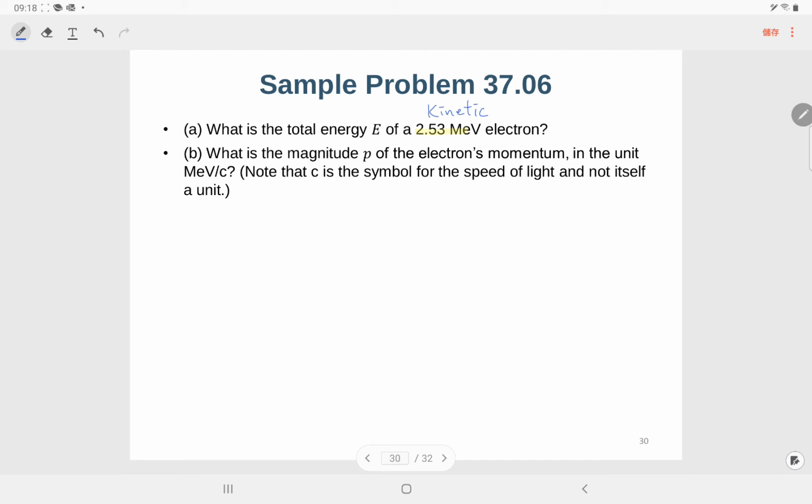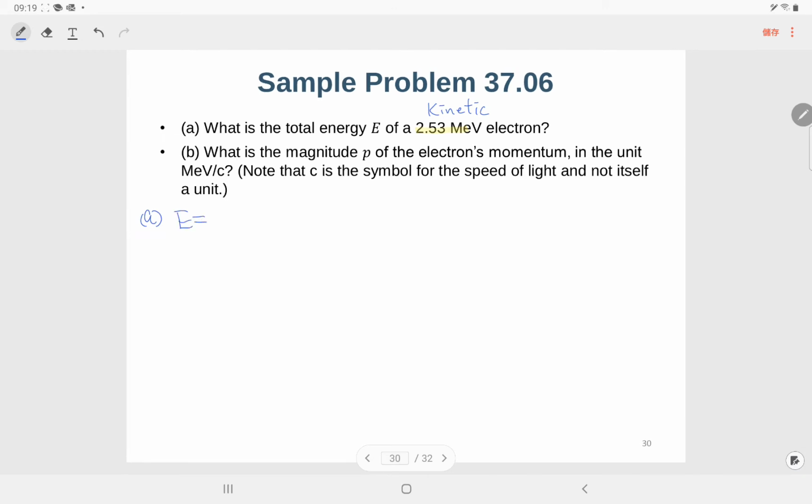Okay, so we can calculate part A as E equals mc squared plus K. This is the original one, because K is gamma minus 1 times mc squared.